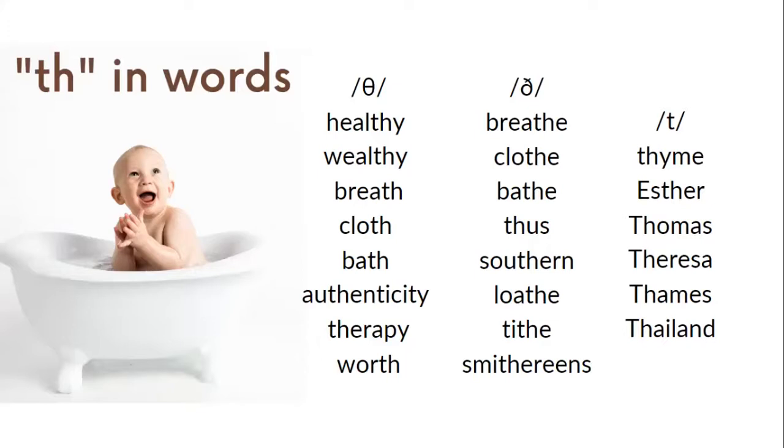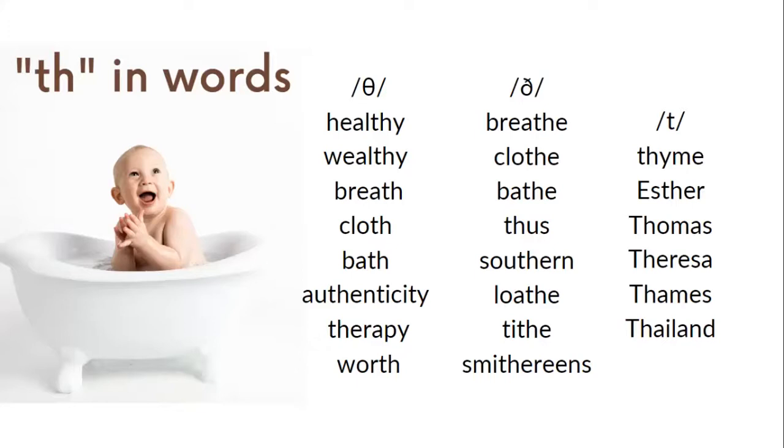Then in some words, very few of them, the letters TH don't give the th sound. Rather, you have the sound t. And that's why you have these words here.